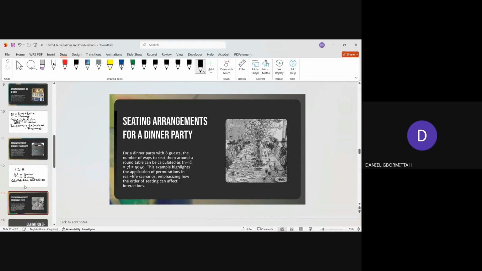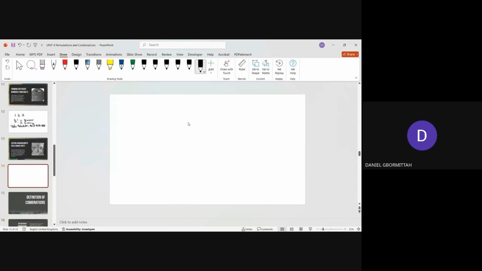So when we have a sitting arrangement, we have the round table arrangements. If you want to arrange your guests around a round table for a dinner, the formula is (n-1) factorial.